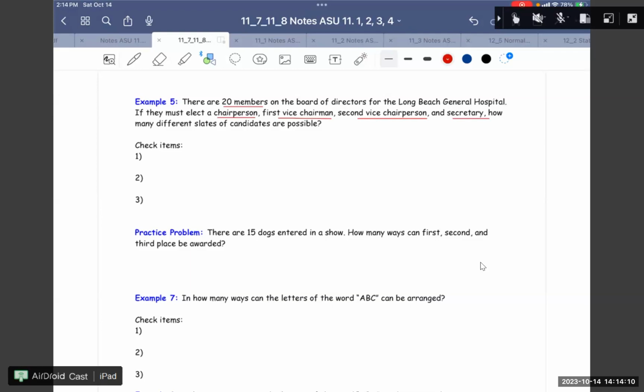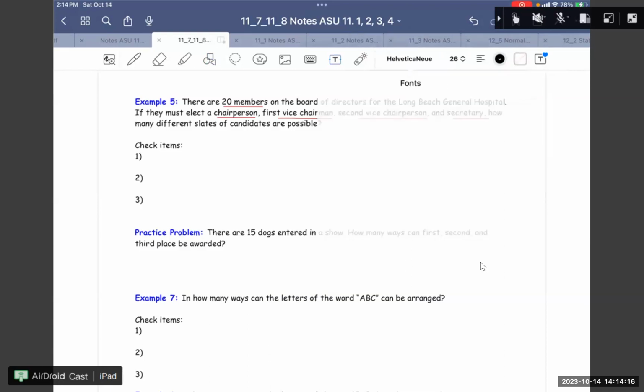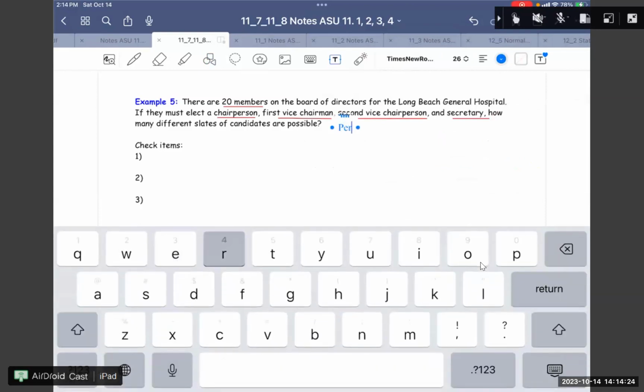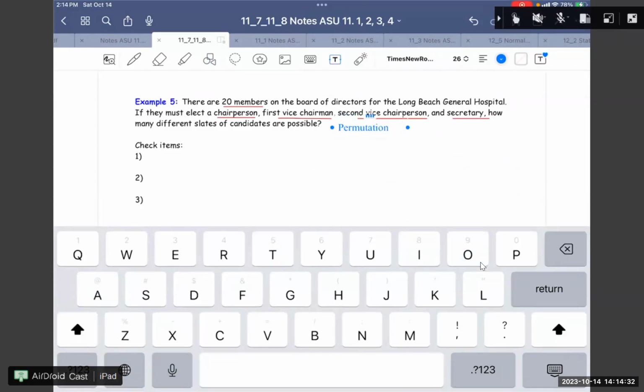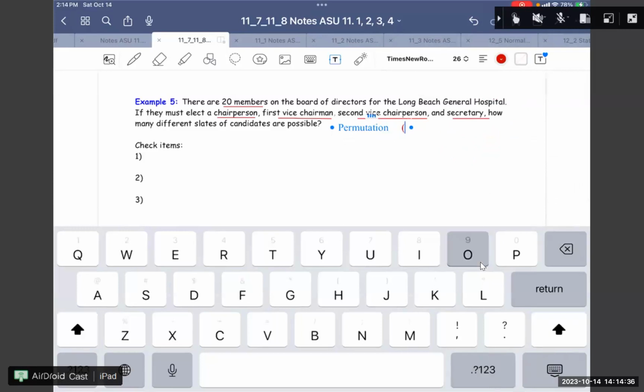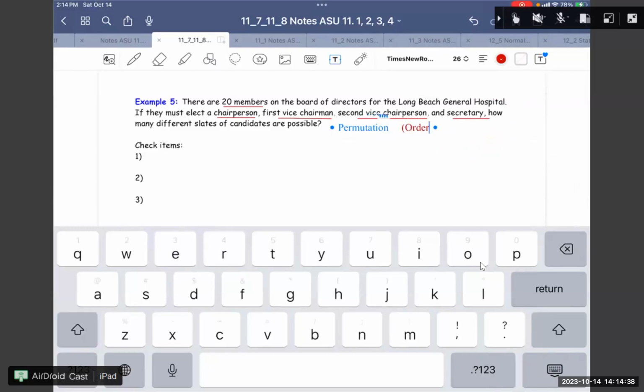So what is this one, as we know? This one is a permutation. If it is a permutation, the order matters, right?